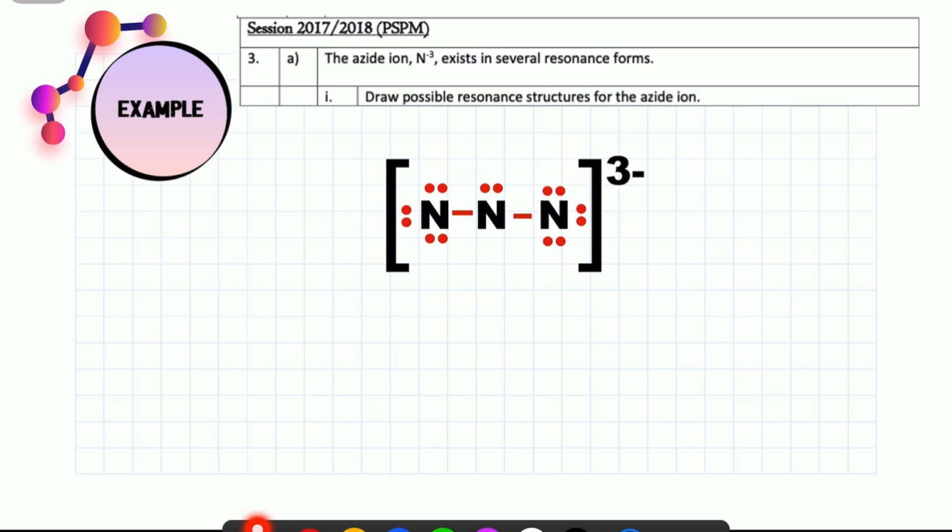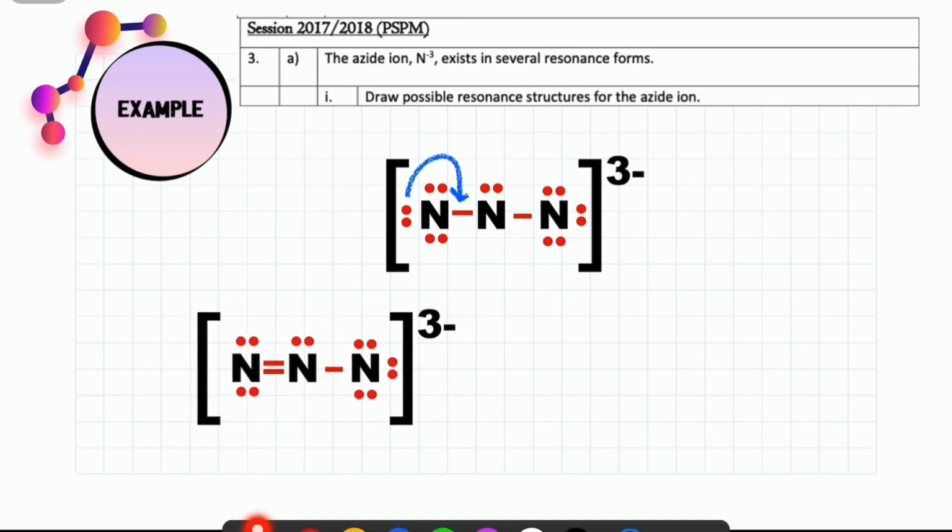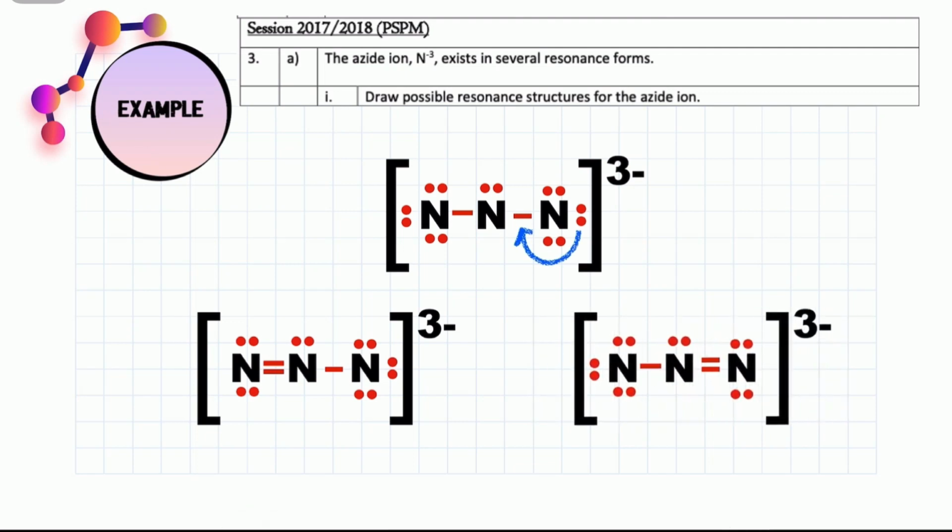If you can see here, the terminal atoms are octets, but the nitrogen for the center atom is not octet, there are only 6 electrons. So what happens is the terminal atom will take part by sharing one of its lone pairs with the center atom and form a double bond, just like this one. And then the other terminal atom also can share its lone pair to form a bond.